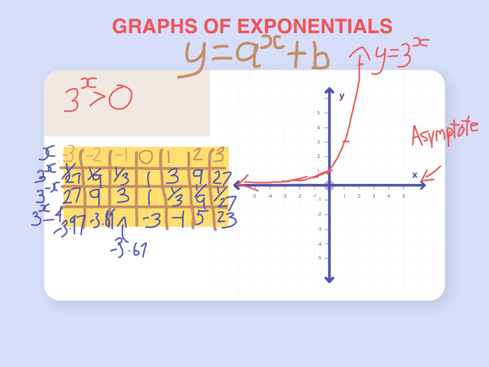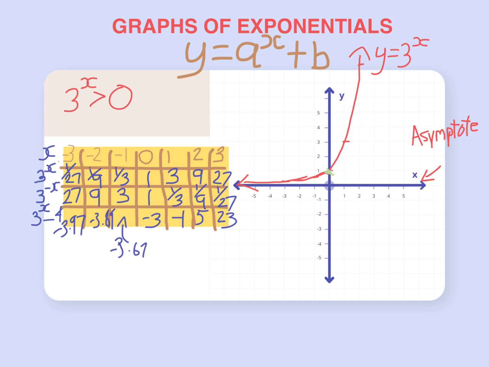So what about the graph of 3 to the minus x? Well, rather than going through and plotting all these points, we can just see that they are reflections of each other. So when x equals 0, we still have the same y-intercept of 1. So y equals 3 to the minus x will still go through this point here.